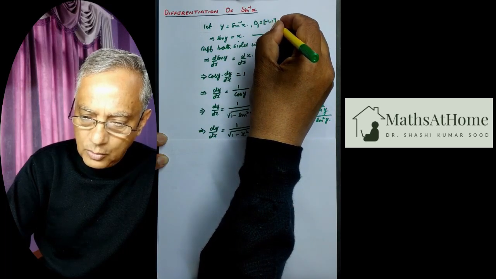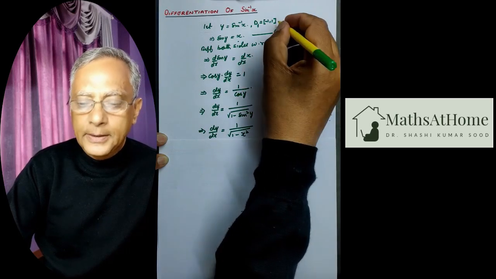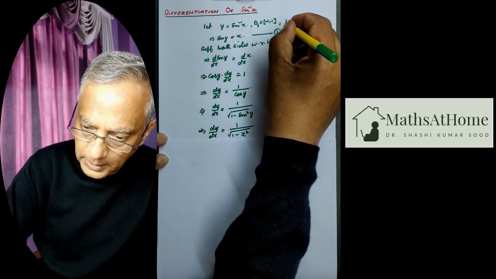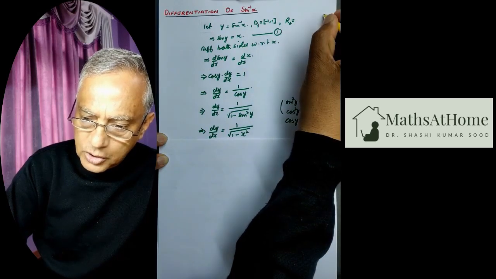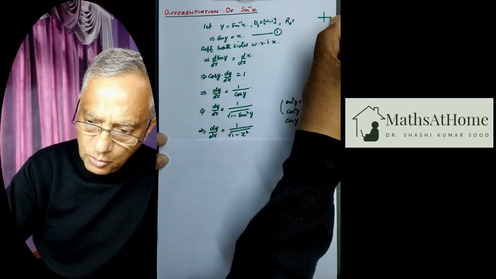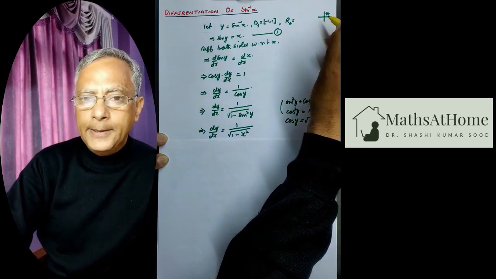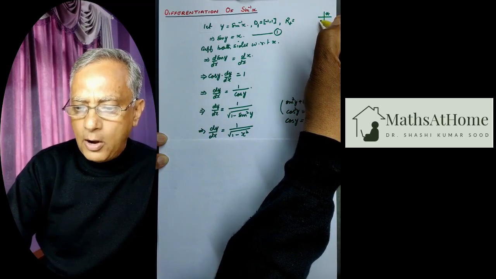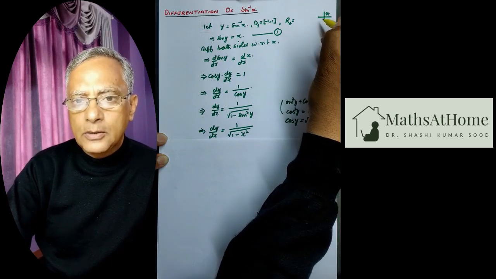This is the domain of f. Now the range of sine inverse x: positive values are taken from the first quadrant, and the third quadrant does not appear in the range of any of the inverse trigonometrical functions.